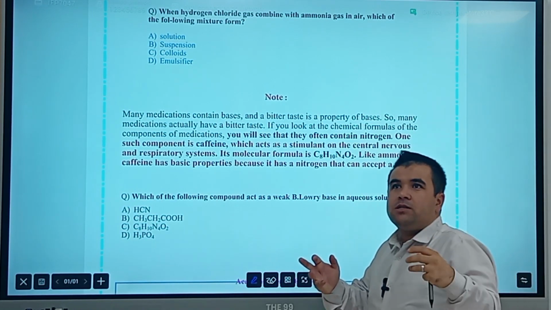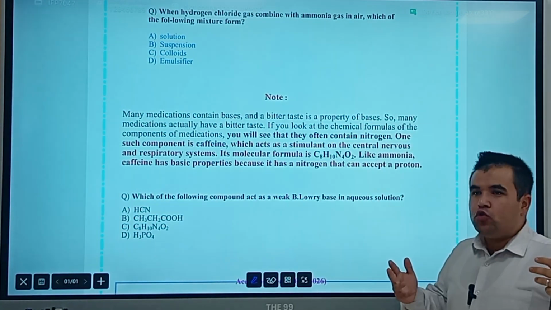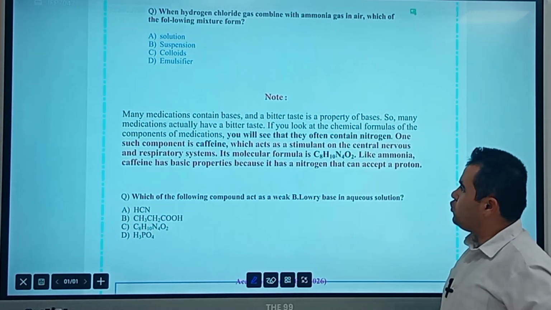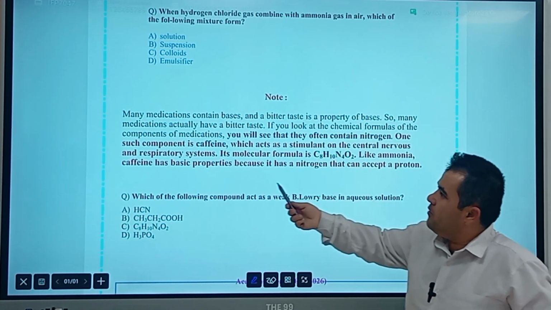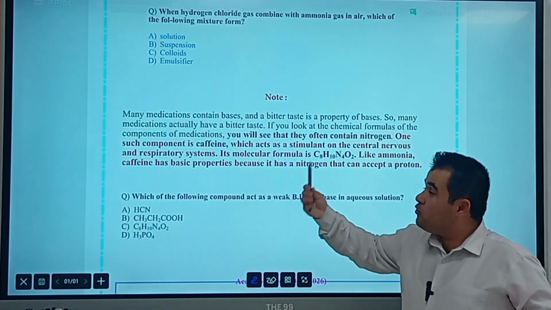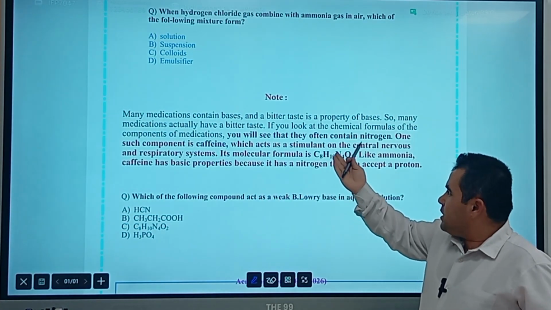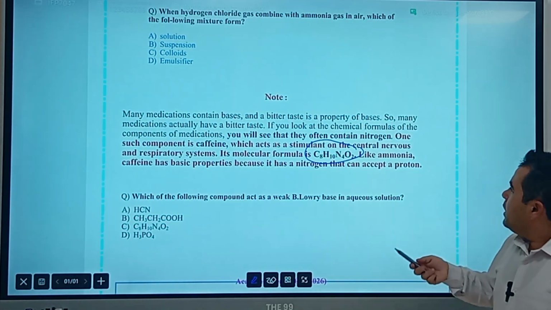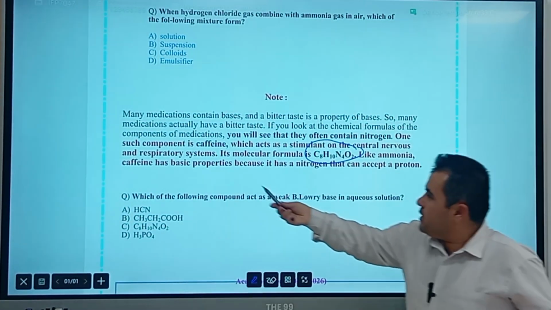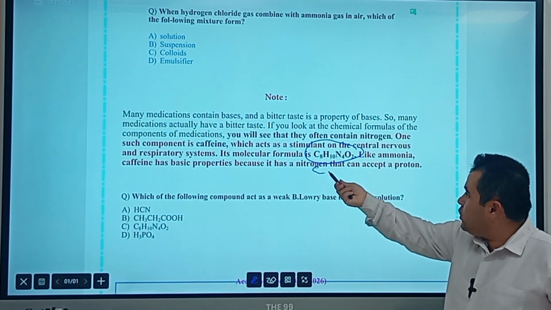Most of the weak bases, usually the molecular bases, contain nitrogen, like caffeine, guys, which acts as a stimulant on the central nervous and respiratory system. Its molecule is given here. It's C8H10N4O2. Like ammonia, caffeine has basic properties because it has nitrogen.